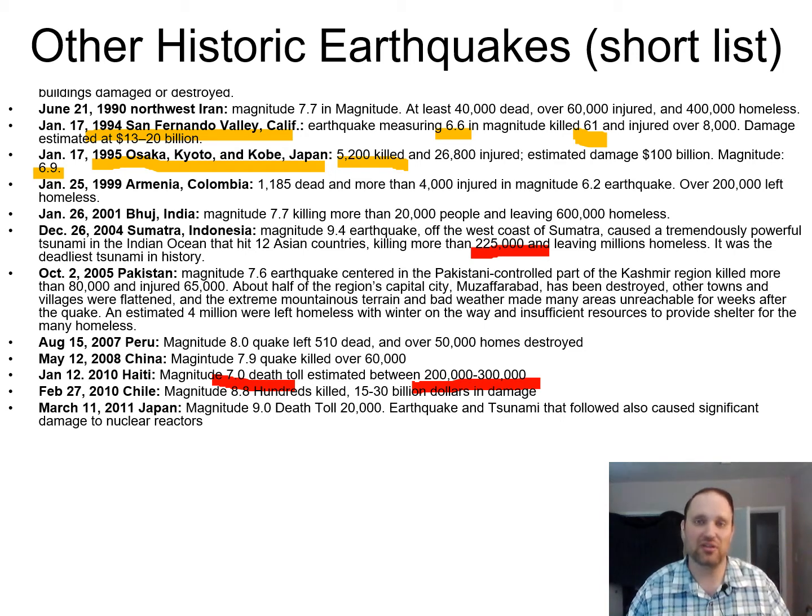But it's the buildings in Haiti that caused such a dramatically high death toll, even though the earthquake was only about 1% the size of what happened in Indonesia. Now, that's something that we really need to watch out for when we look at earthquake hazards.